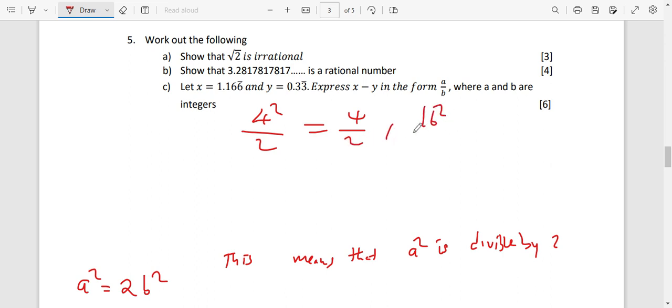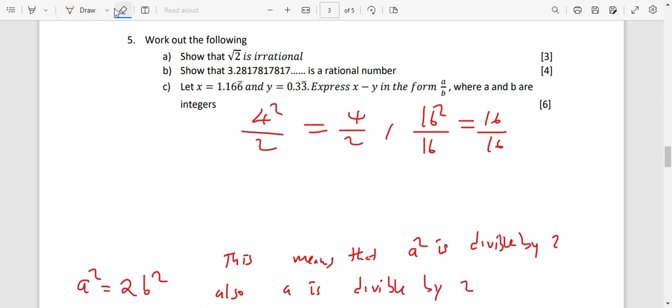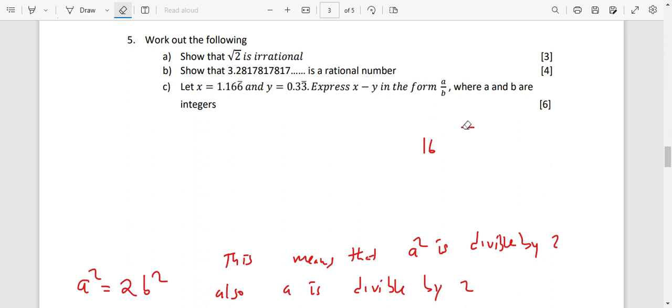If 16 squared can be divided by 16, it means that 16 is also divisible by 16. If a squared is divisible by 2, this means that also a is divisible by 2. Is this okay? Yes, this is the procedure of showing this. Otherwise, if you get it in another way, you might lose marks, dear friends.